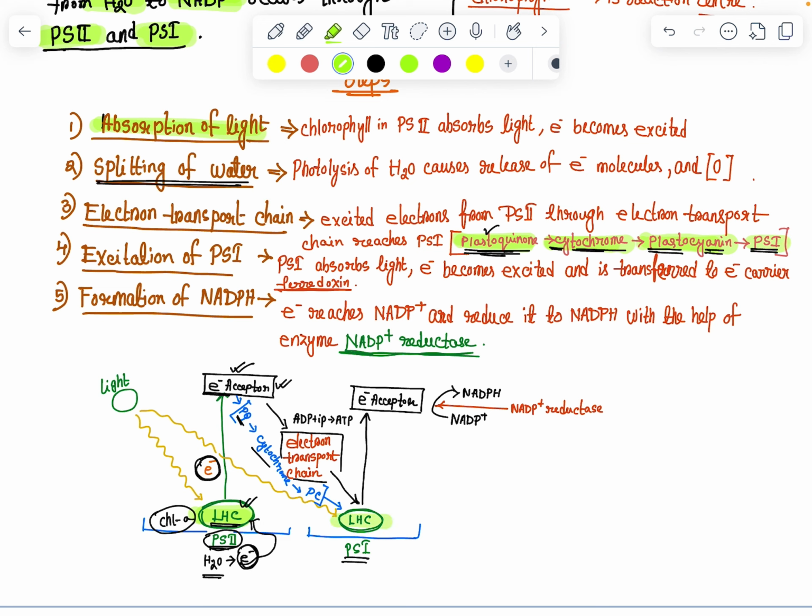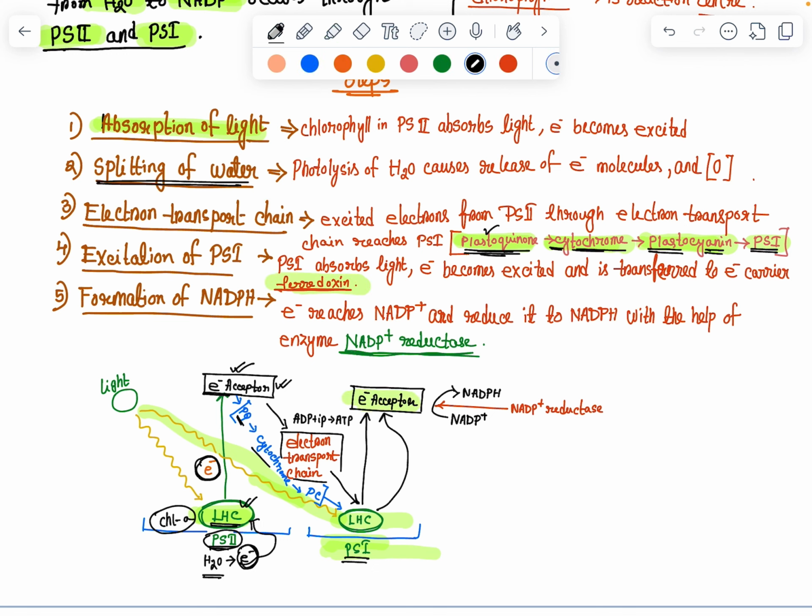Now the electron has reached PS1. Again the light energy is coming like this and now PS1 will be excited. The electron from PS1 will jump and be accepted by another electron acceptor, which is known as ferredoxin.